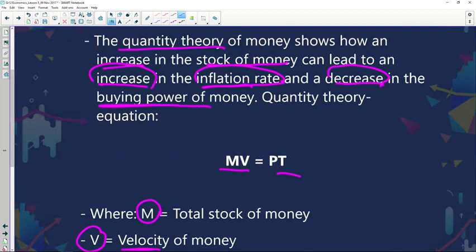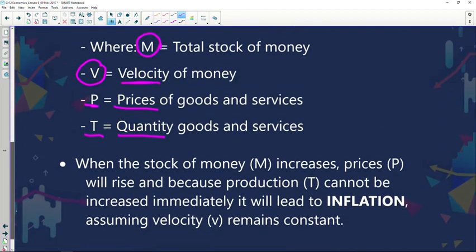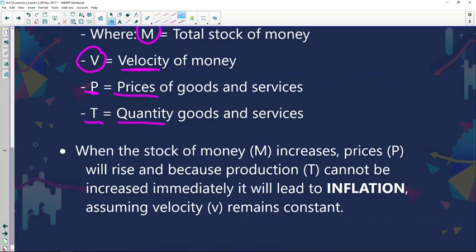Okay, so I'm just going to go down. There we are. All right, so when the stock of money, which is M, increases, prices will rise. Okay, so the stock of money goes up, it increases, and then prices will also rise. So that's the first point.